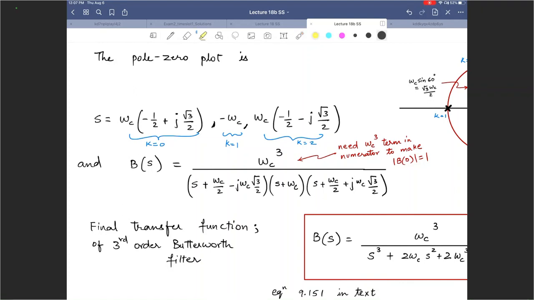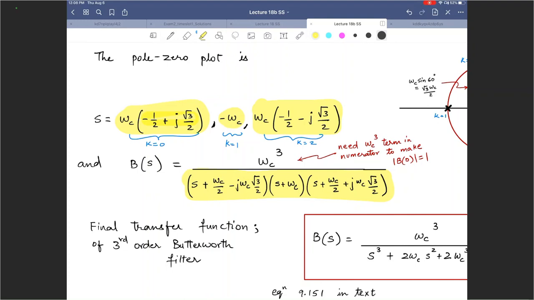Once you have these locations, location 1 for the pole, location 2 for the pole, location 3 for the pole, then because we know that those are poles, they all go in the denominator. So you can write down their corresponding factors in the denominator right away. However, we also know that in the pass band at frequency 0, we want B of s to become 1, a gain 1 filter.